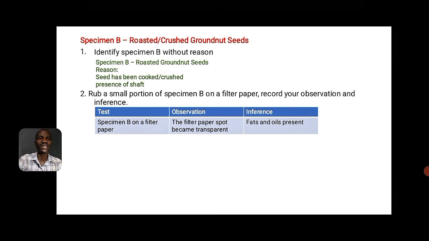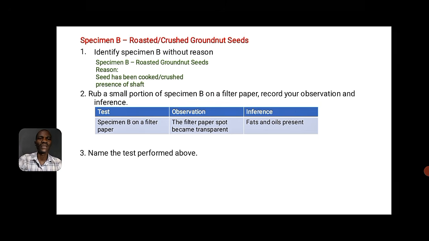So the inference here is that fat and oil is present, depending on what you want to say. You can also say lipid is present, but I would suggest that you keep to fat and oil.